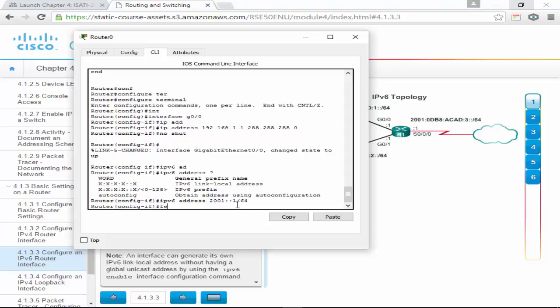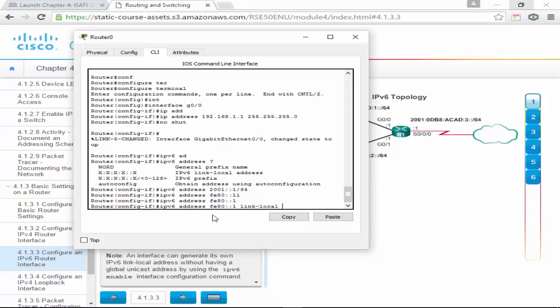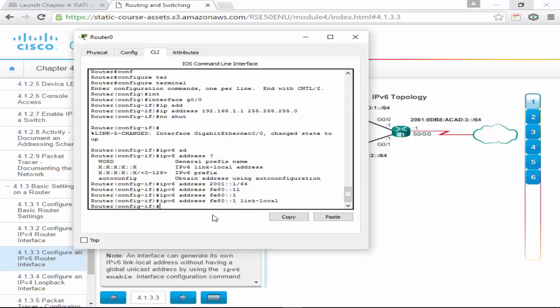Or we could do an FE80, and hopefully you remember FE80::1. This one's a global unicast of 2001. Anything that starts with FE80 is a link local, and to set the link local, we say IP version 6 address again, FE80::1, and instead we say space link local, and that sets the link local on that interface.